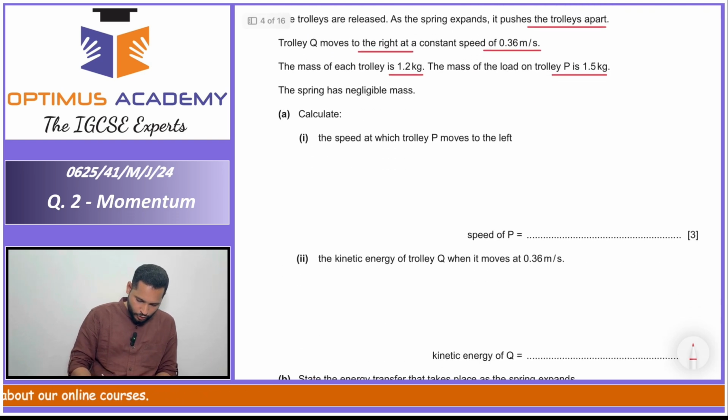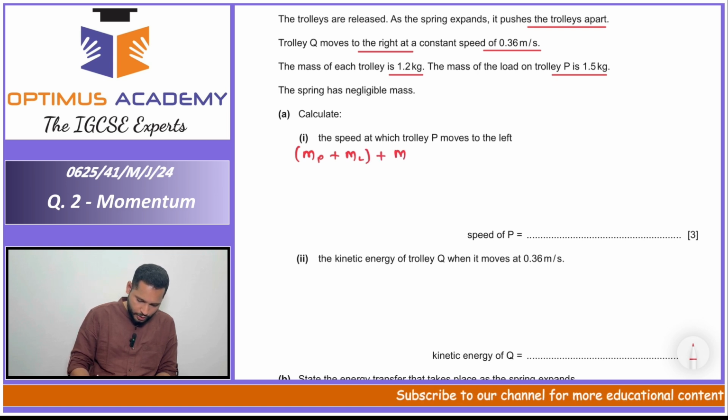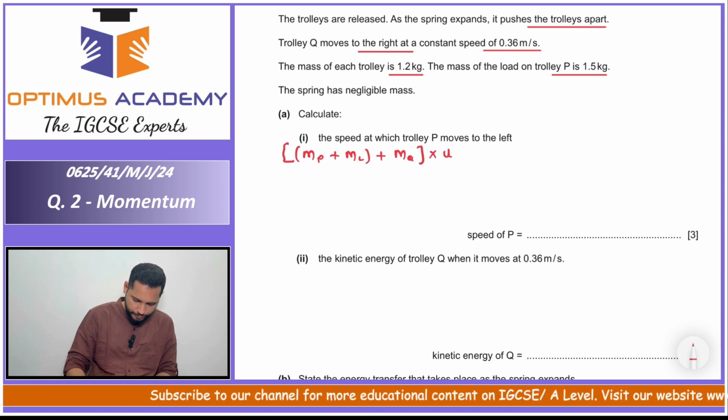So we can simply use the formula: mass of trolley P plus the mass of load attached to trolley P plus mass of trolley Q, and all will be multiplied by 0 because they are not moving initially.